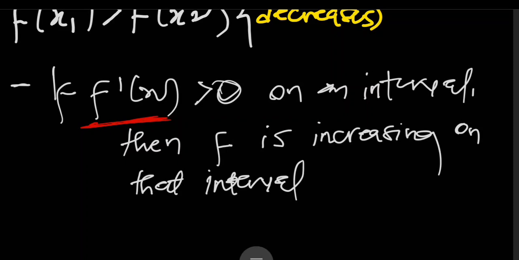But for the derivative, when you differentiate the function with respect to x and it is greater than 0 on an interval, it means the function is increasing.